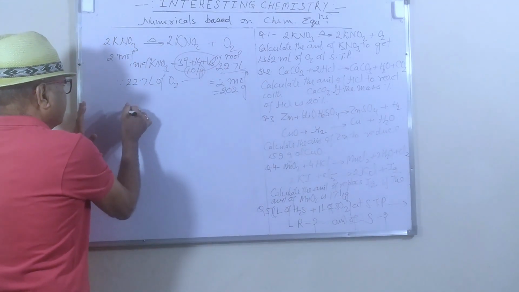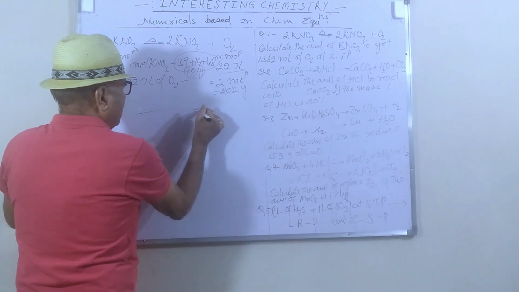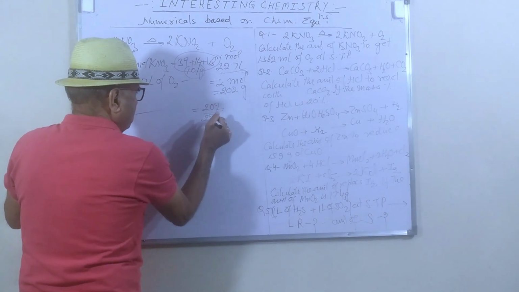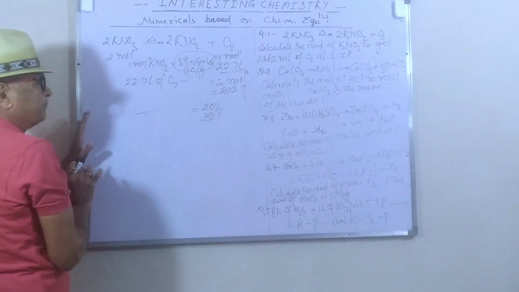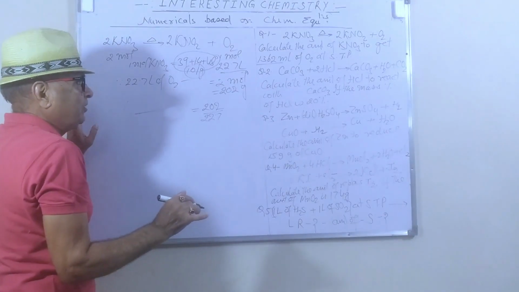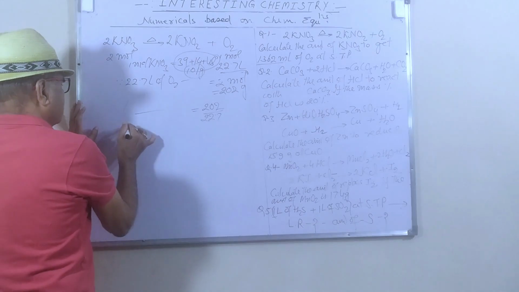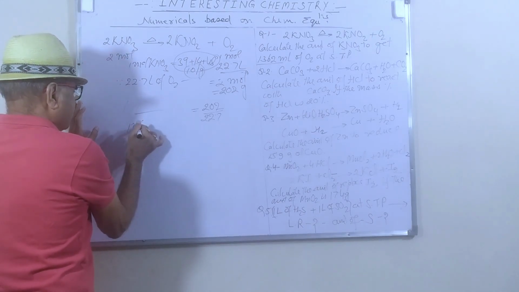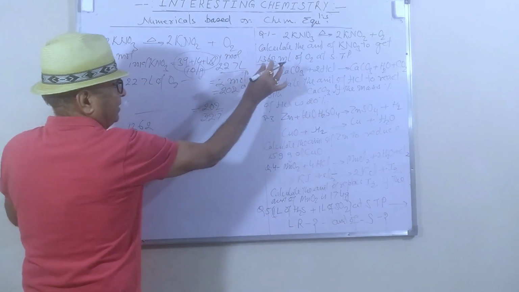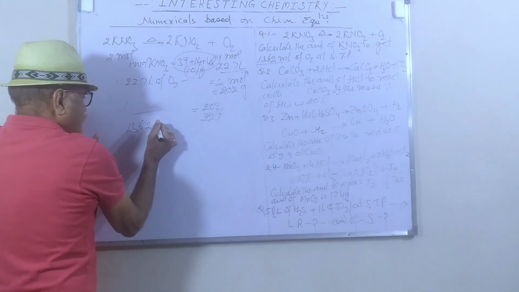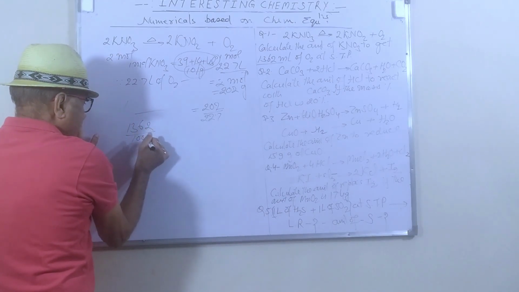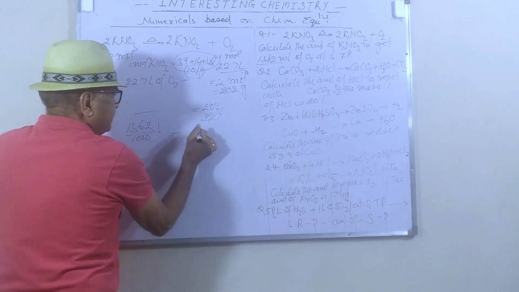So again you can write here 202 upon 22.7 liter. So your requirement is 1362. This is liter and this is milliliter, so you can change it by dividing by 1000.